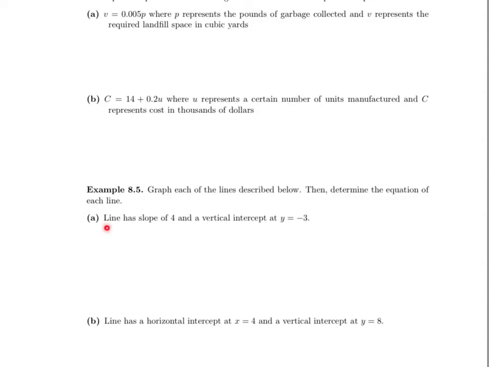In this case, the line we're interested in has a slope of 4 and it has a vertical intercept at y equals -3. So let's begin by sketching a graph of this line. I'll mark in a few tick marks.